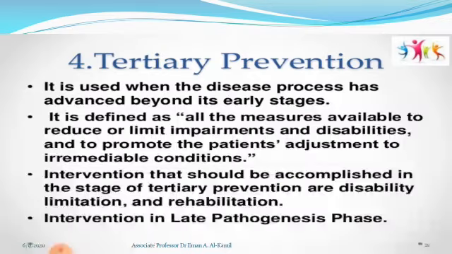tuberculosis. Tertiary prevention is used when the disease has already been established and there are pathological changes and the individual has signs and symptoms. So it is defined as all measures available to reduce or limit the impairments or decrease the disability or the handicap for individuals who have the disease, and adjustment to the irremediable condition.